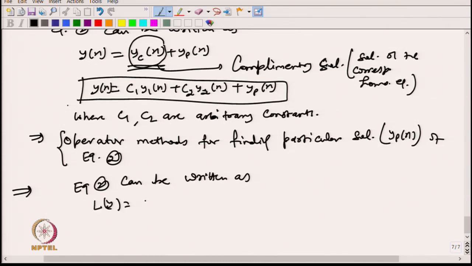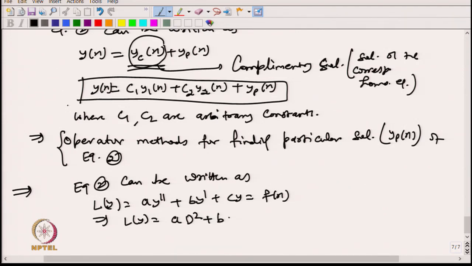I can write this as a y'' + b y' + c y = f(x), which can also be written as L y = (a D² + b D + c) y, where y is a function of x, and this equals f(x), where D is the derivative.